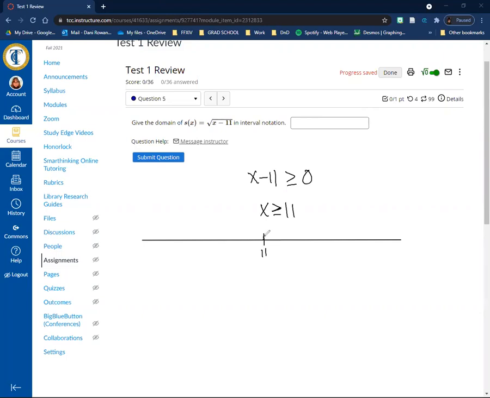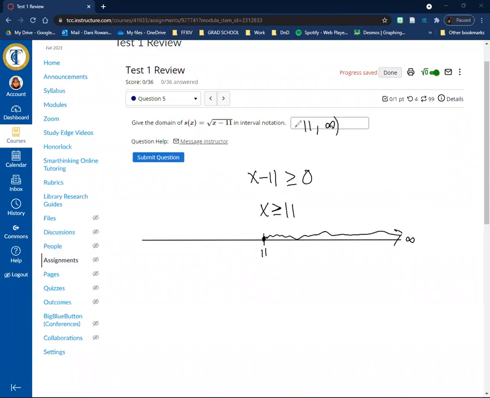Yes, because remember, it just cannot be a negative number. And then it's greater, so it goes this way, right? To infinity. So how do we write that in interval notation? 11 comma infinity and 11's included.